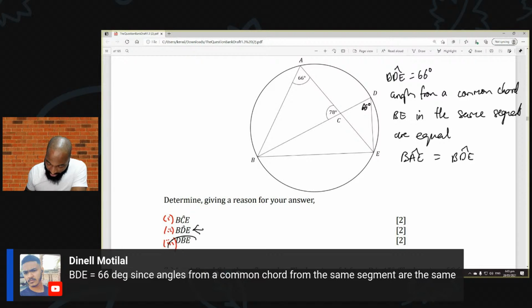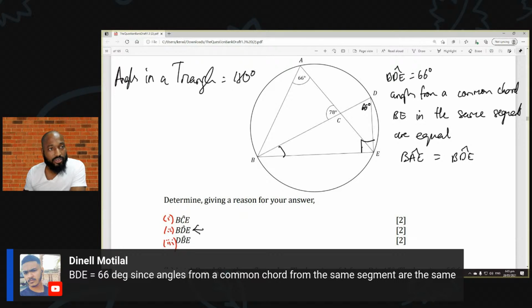And finally, we need to find DBE, this angle over here. Well, that's easy. This is 90 degrees, this is 66. Angles in a triangle equal 180 degrees.